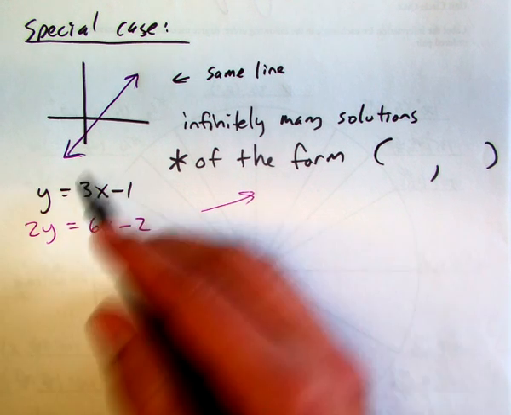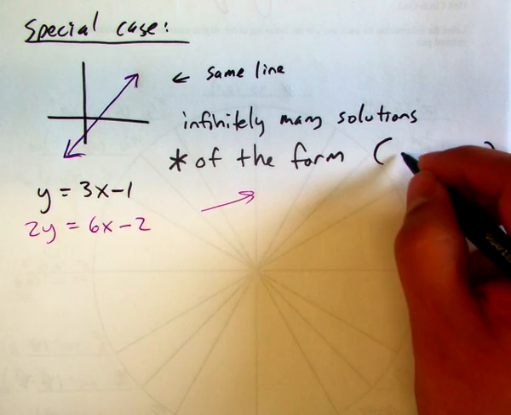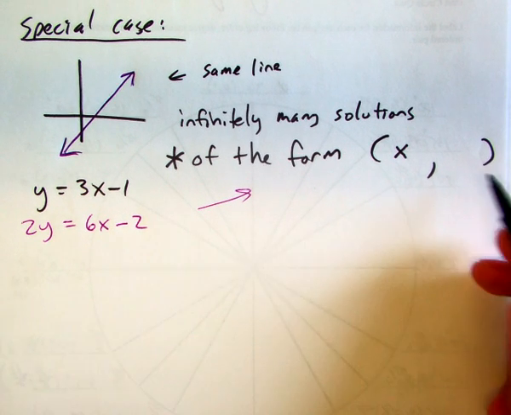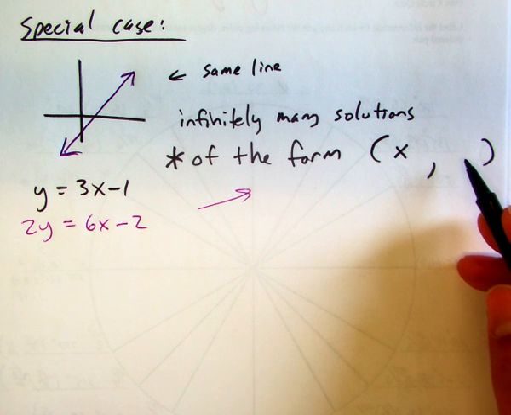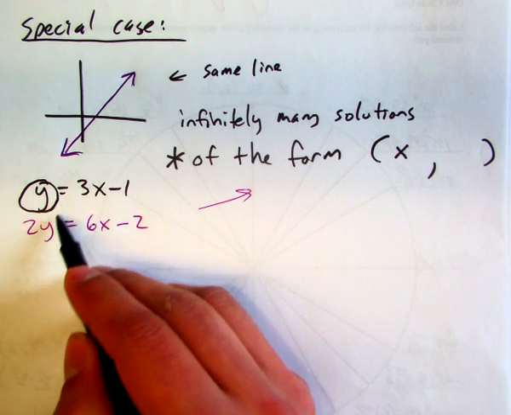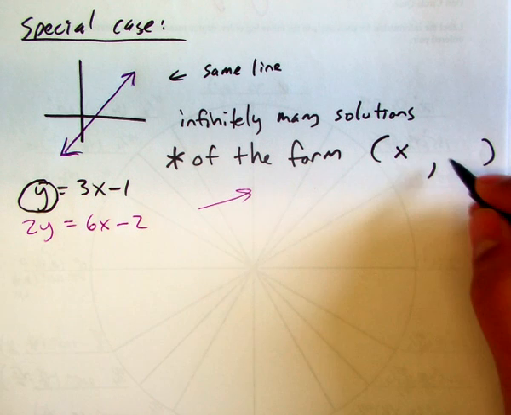For a 2 by 2 system, I would say always just write out x for the x-coordinate. And I'll explain what this notation means. And then now what you do for the y-coordinate is describe what y looks like. Well, what does y look like? It looks like 3x minus 1.